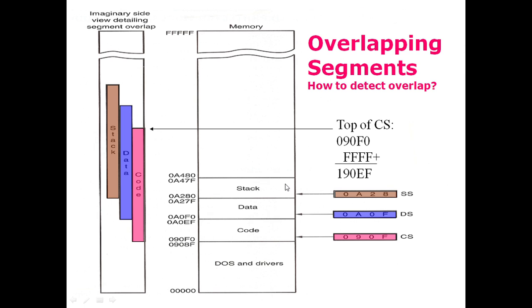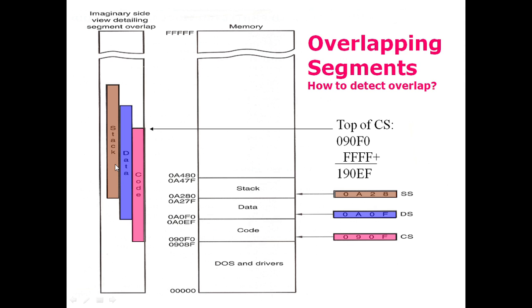In this memory map, these three segments are overlapping, which can be seen here. The data segment begins within the limit of the code segment. The stack segment begins within the limit of the data segment as well as the code segment.